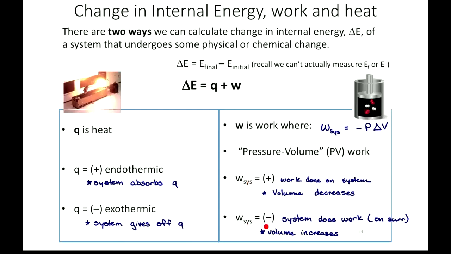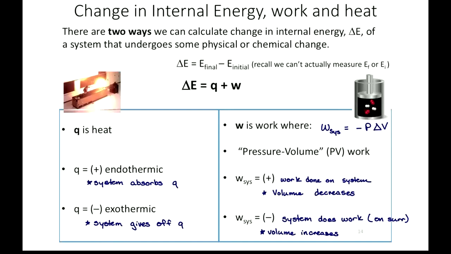Versus when work has a negative sign, the system does work. That means the balloon, which is the system, does work on the surroundings. It's pressing up against the surroundings, putting work into the surroundings.